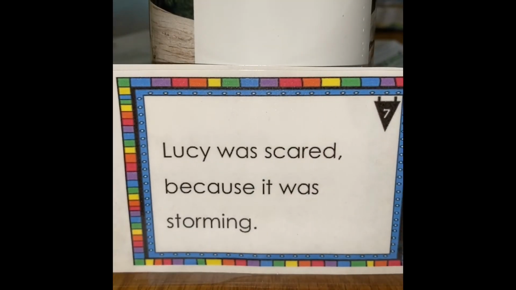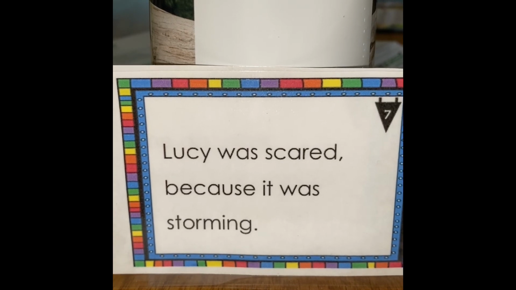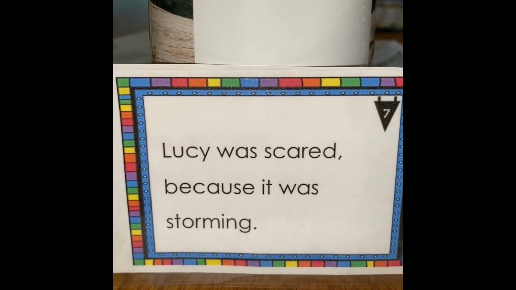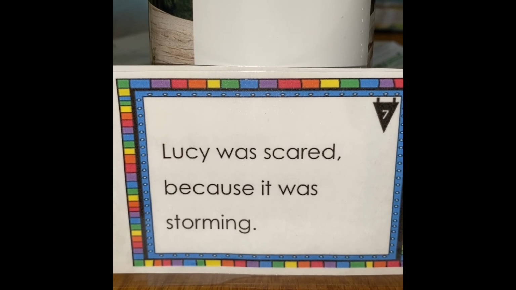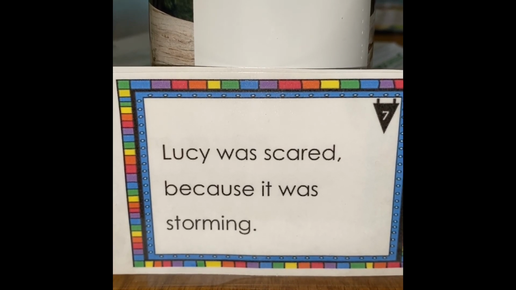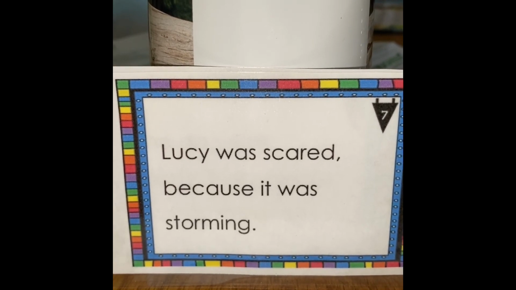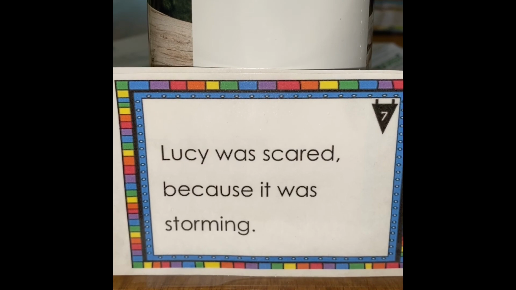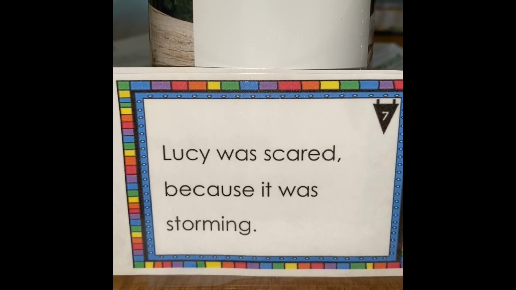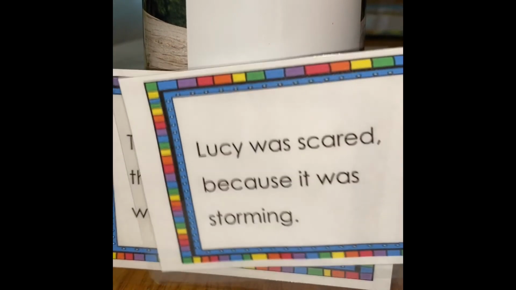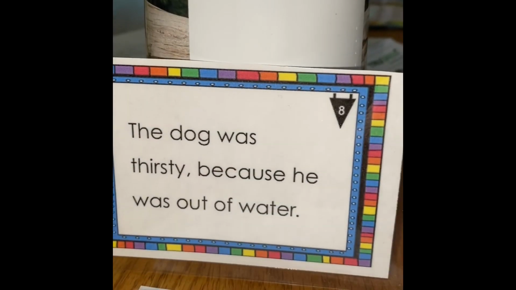Number 7. Lucy was scared because it was storming. So what's the cause? What is the reason? And what's the effect? What is the result? If you were thinking cause, it was storming. And effect, Lucy was scared. You are correct. And last one, number 8.